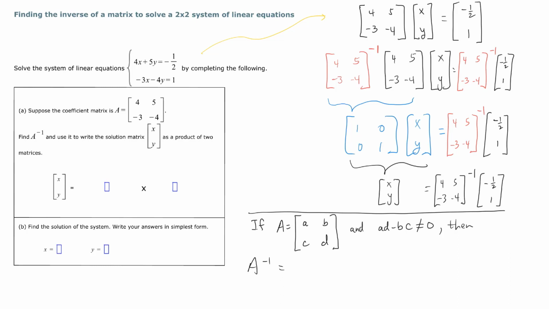It is 1 over AD minus BC times the matrix: switch the A and the D and negate the B and the C. And that is now the inverse of A. That is a really, really cool formula that comes from a subject called linear algebra.